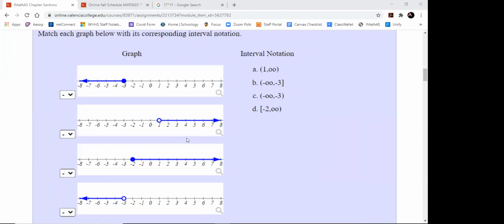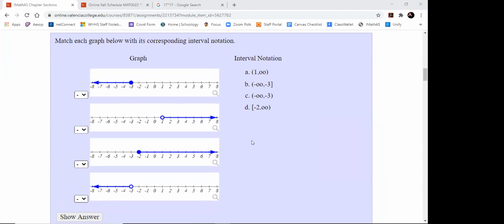This one says match each graph with its corresponding interval notation. So what we want to do is check which of these intervals matches the corresponding line graph.